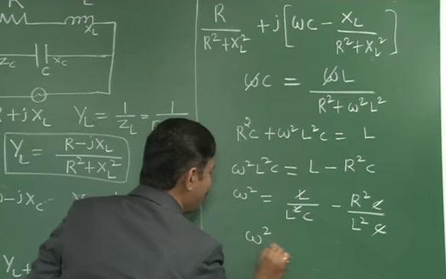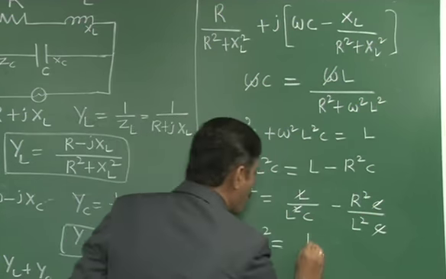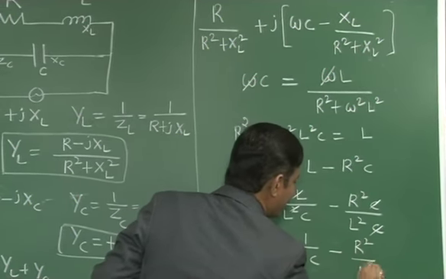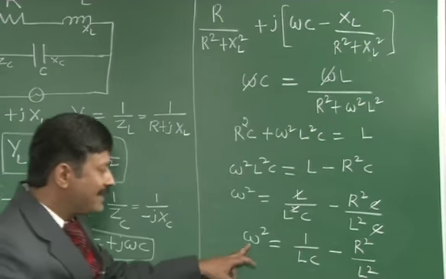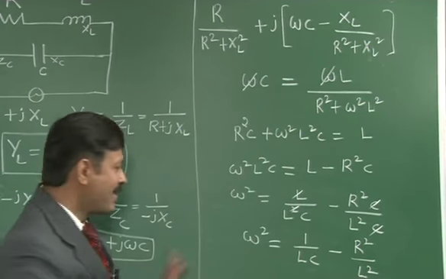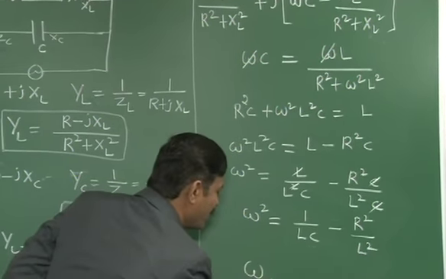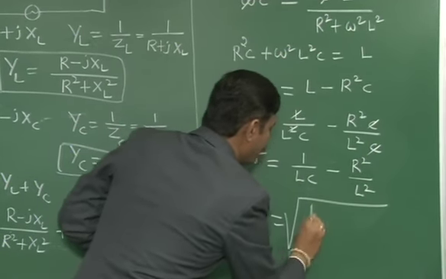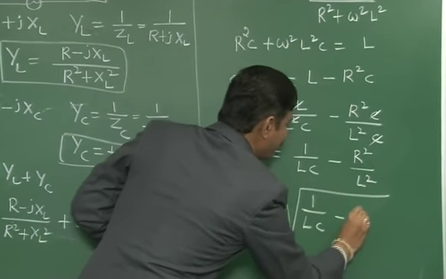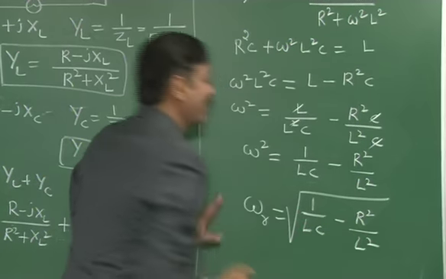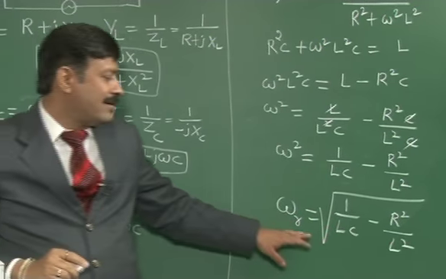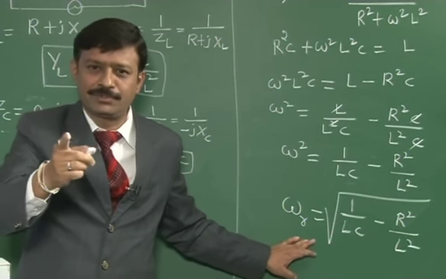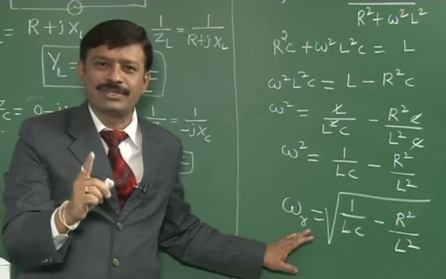Your expression will be omega square is equal to 1 by LC minus R square by L square only. I want omega, that is resonating frequency omega R, equal to square root of 1 by LC minus R square by L square. This is the expression for resonant frequency for the given circuit, that is the practical parallel resonance circuit.